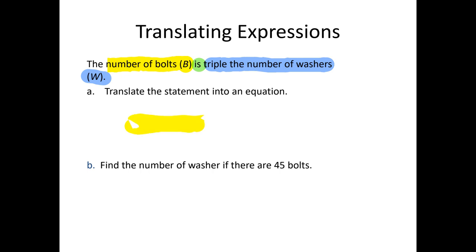The number of bolts is the letter B. Is happens to be our equal sign. And then I have the phrase triple the number of washers. Well, this is 3W.